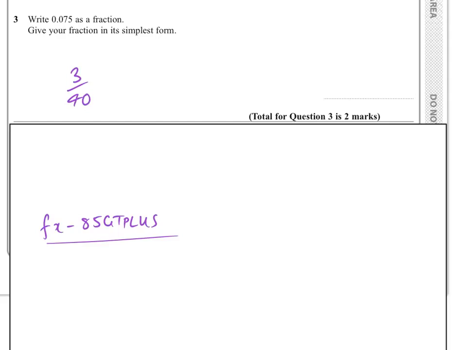Now, for 2 marks, I'm just not quite convinced that just putting it into your calculator and pressing equals would give you the 2 marks. It might give you 1 mark.